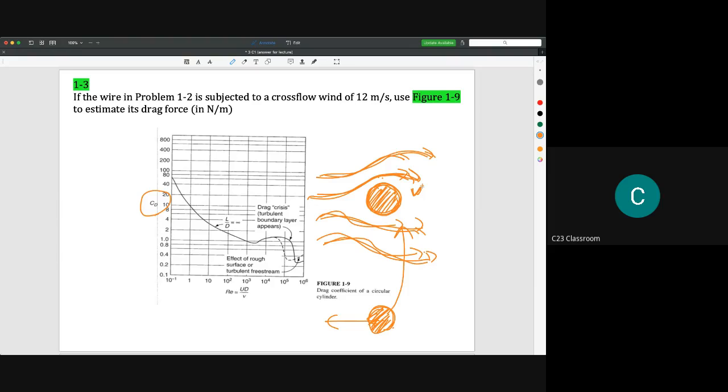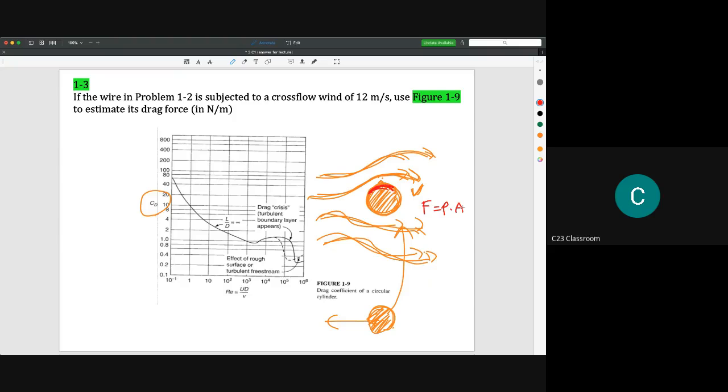This is already known because we have Bernoulli for incompressible flow. If this pressure acts on a certain area, it will create force, because force is equal to P times A. So another parameter that comes out from the fluid is the force.